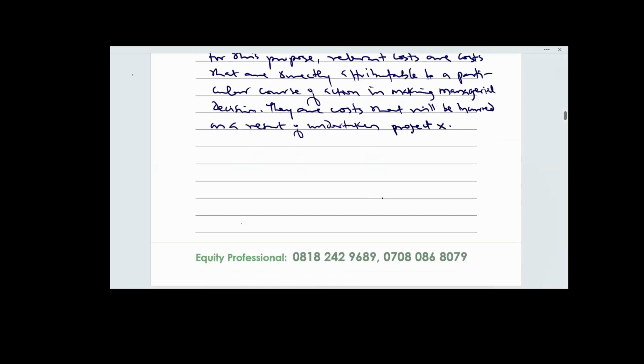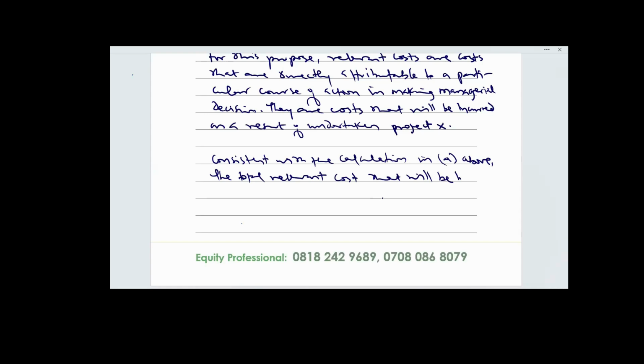I can say consistent with the calculation in A above, the total relevant cost that will be incurred on Project X is 180,000 naira.